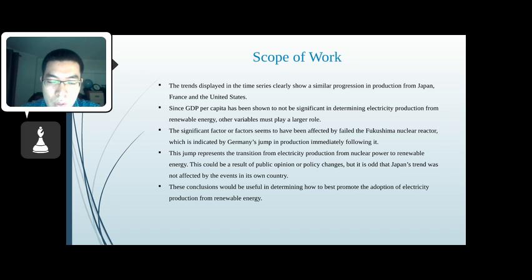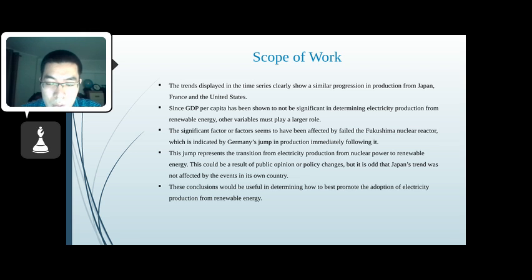And from that, we can see that there may be a push from that for other countries to make a transition from nuclear power to renewable energy, which is very likely to be a problem from public opinion, especially in Japan, as at the time, most of the population thought that they needed to stop using nuclear energy.